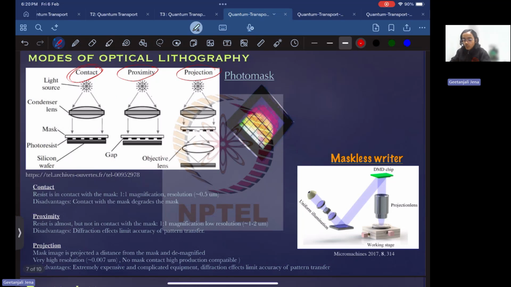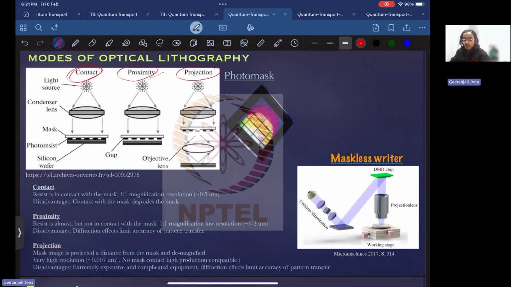So for this proximity mode, it is in the order of 1 to 2 micrometer, and the main effect is that we'll see a diffraction effect, which will limit the accuracy of the pattern transfer from mask to the substrate. So this is the proximity mode.